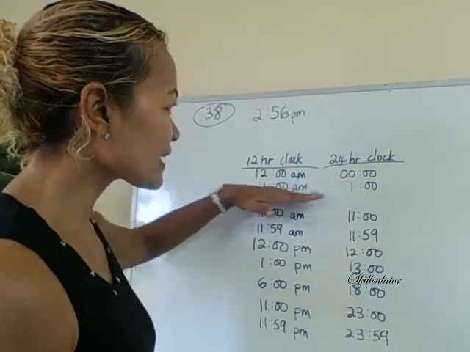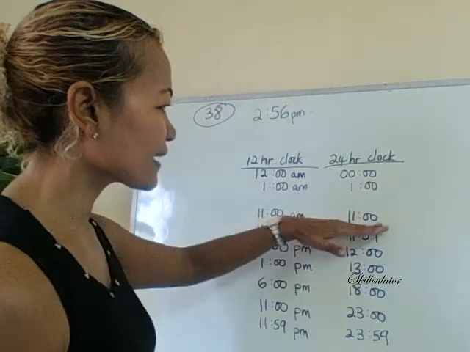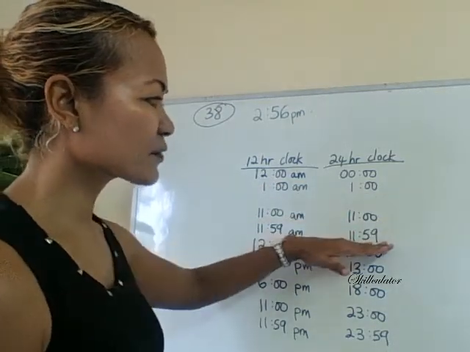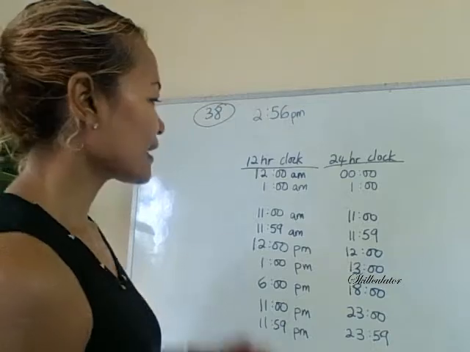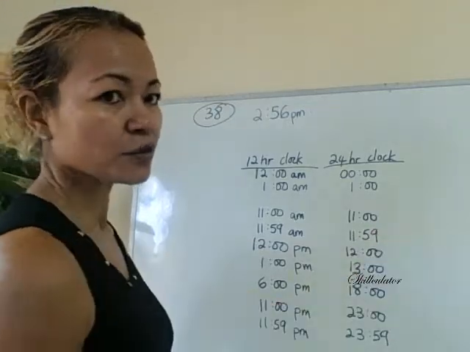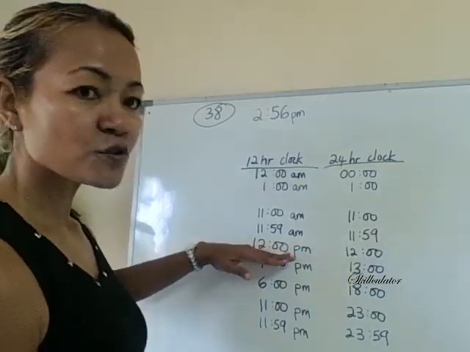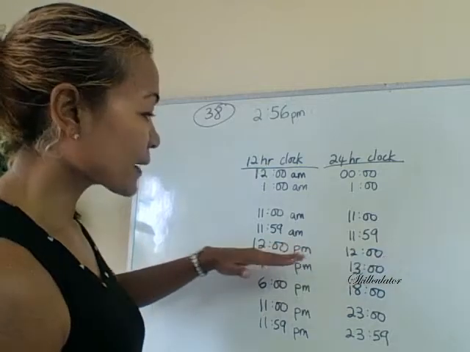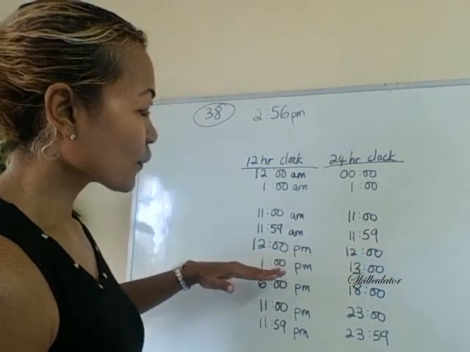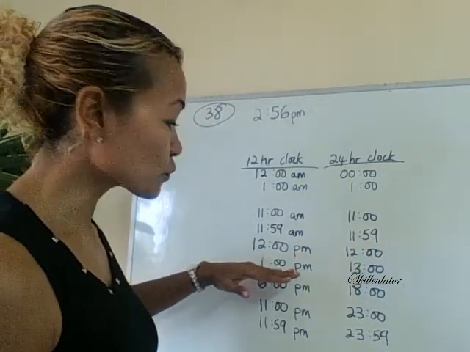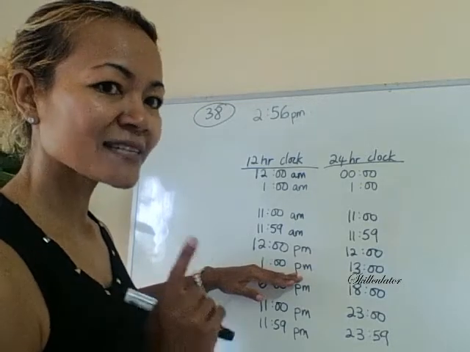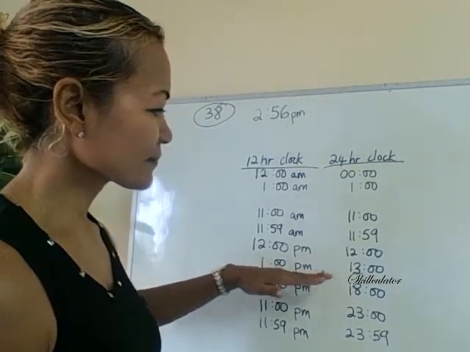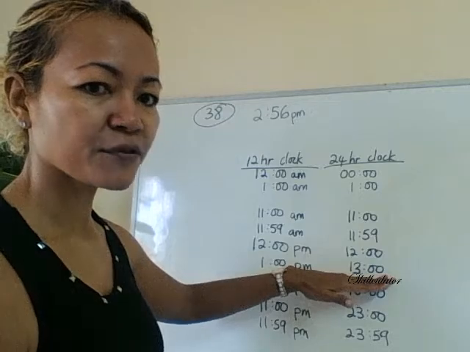But any other number looks to be the same, right? 11, 11, 11:59, 11:59. You just drop off the AM. When you get to 12, still 12. But after 12, where on the 12-hour clock it goes to PM, you just add 12 to get the 24-hour time.